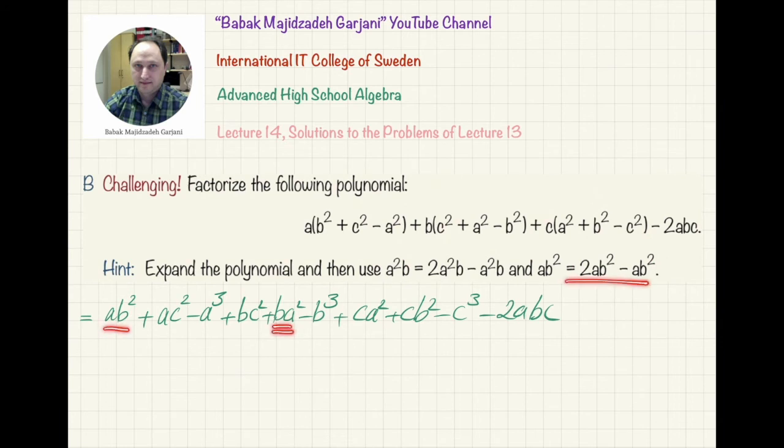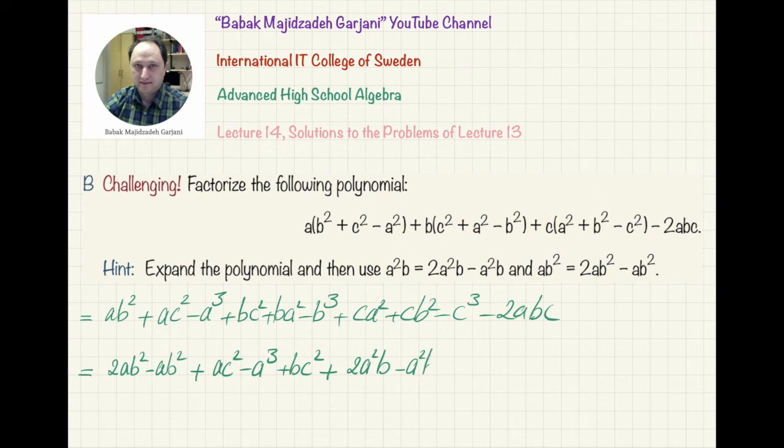And then I will copy and paste every other term. So then it becomes equal: instead of that one, I would write 2ab squared minus ab squared. Then I copy paste ac squared minus a cubed plus bc squared. And then for the next one, I would write 2a squared b minus a squared b. And then I copy paste the rest.